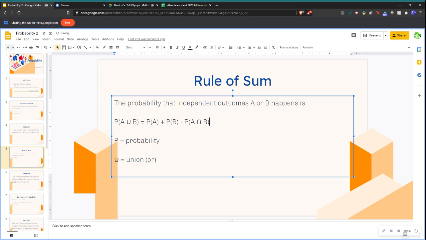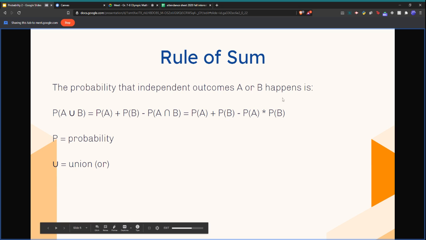So, as Node 7 said, you can just express this, so P(A and B), as P(A) times P(B), like this. Yeah, that would work. Just like that. Any other questions?